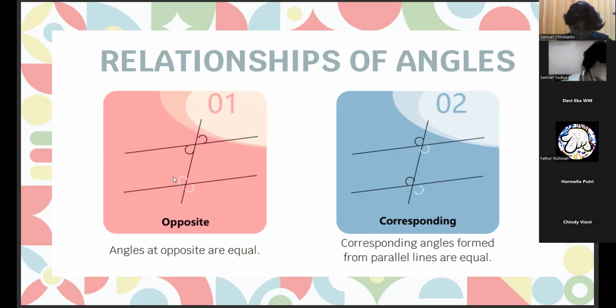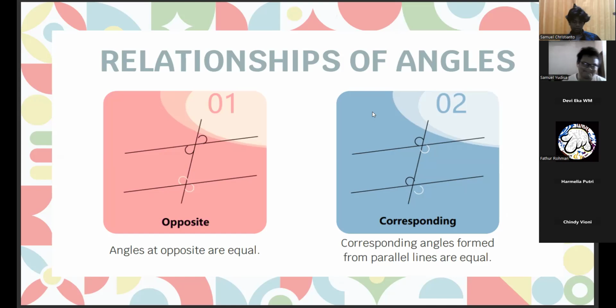The top left is opposite to the bottom right. Or in the upper parallel lines, the bottom left angle is opposite to the top right angle. And opposite angles are equal.